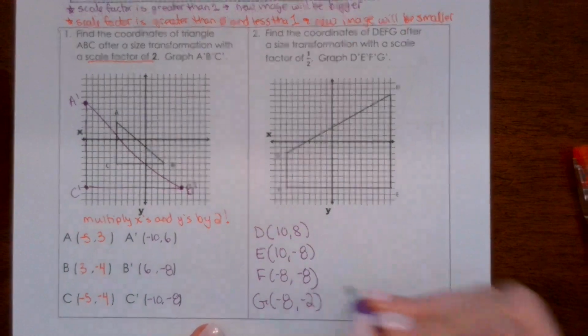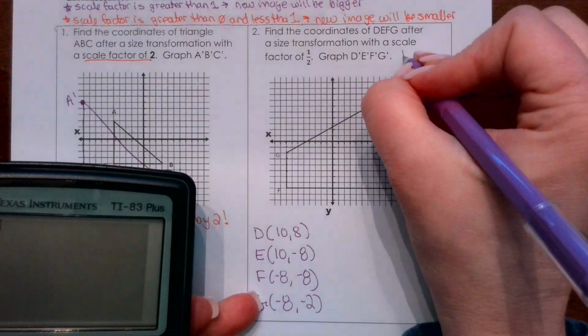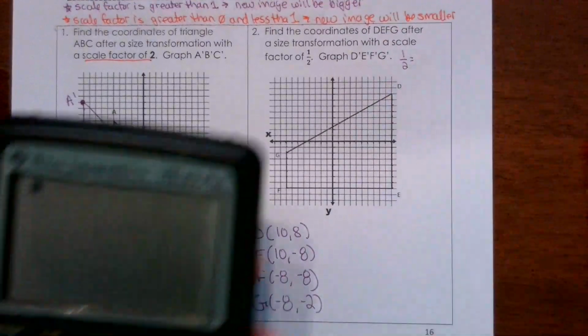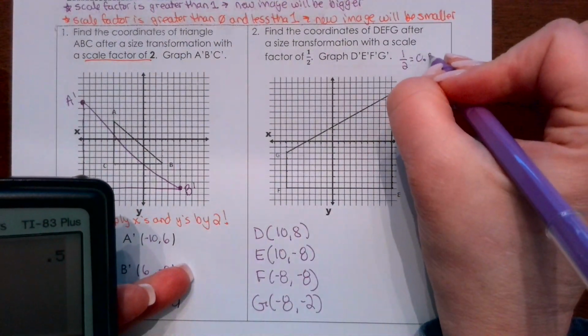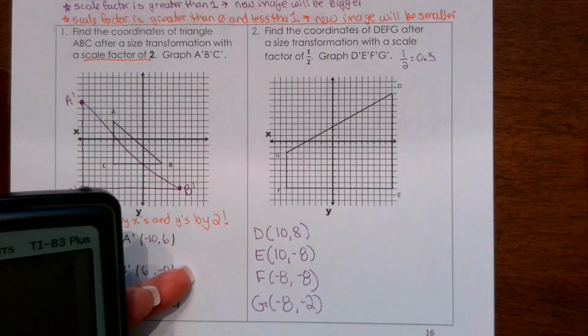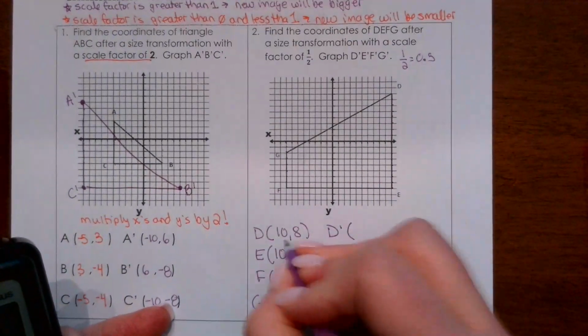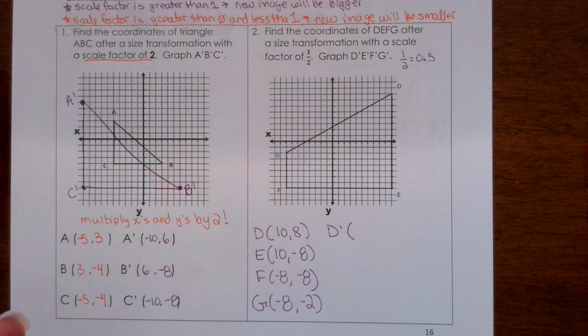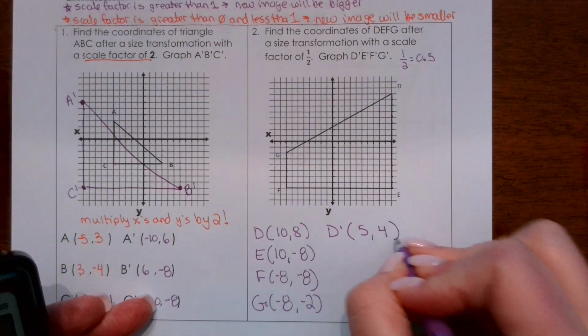I need to multiply all of my x and y coordinates by 1/2. Now, if you remember, fractions are division, and 1/2 is 1 divided by 2, and 1 divided by 2 is 0.5. So I'm going to multiply all of these coordinates by 0.5. So let's get D prime. 10 times 0.5 in my calculator is 5. 8 times 0.5 is 4.